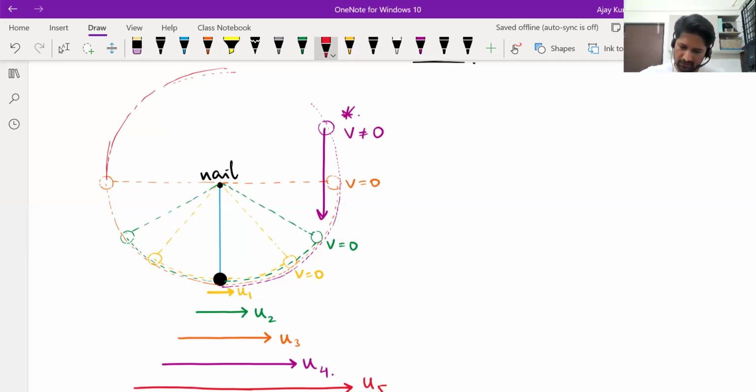You can achieve this also. So with one particular velocity and any velocity beyond that, you can make it complete the entire circle. Okay, just a moment, I'll show you one image, you'll understand better.